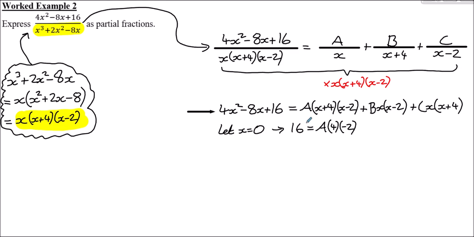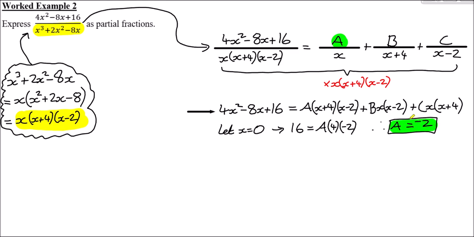So I just get 16 equals a multiplied by negative 8. So if I divide both sides by negative 8 to find what a is, a has to be negative 2. So I've worked out one of them. I've got a, which is negative 2.